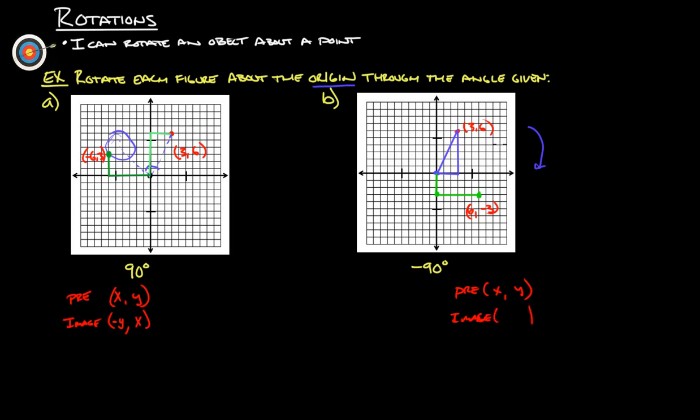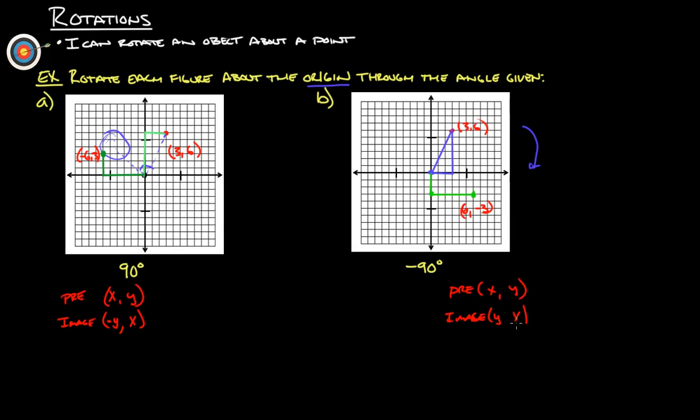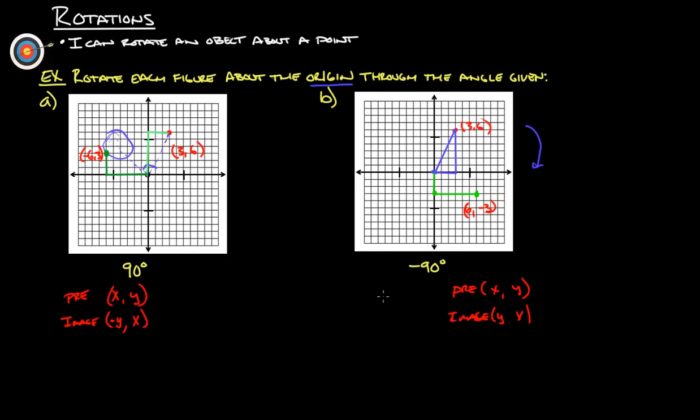The 6 went over here, so the y swapped, and then the x is going to also swap. But notice that the y stayed the same, 6, 6, and then the x turned from positive to negative.